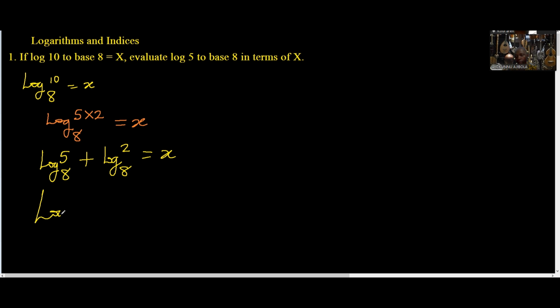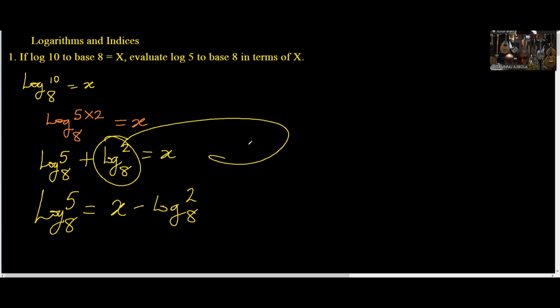So we'll make that one the subject of the formula. We leave it on the left hand side, log 5 base 8, equal to x minus log 2 base 8. Okay? Is that clear? We just move the whole of this out and it becomes negative, okay?